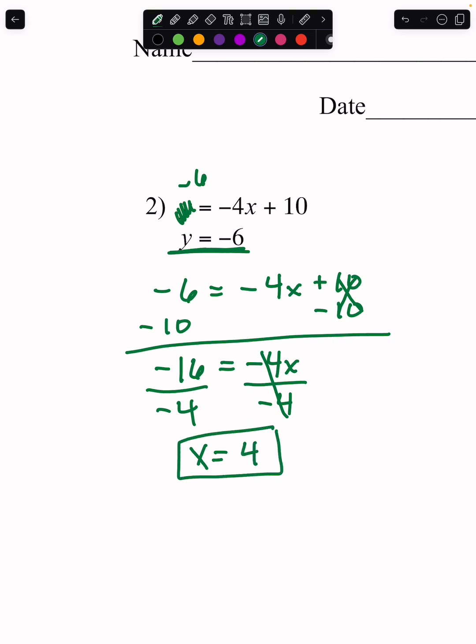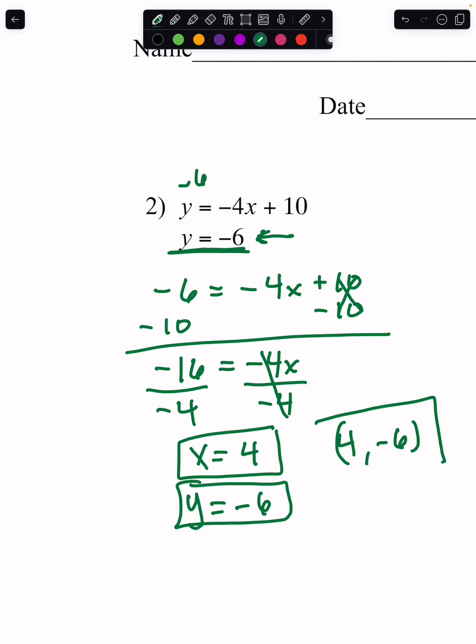Now, if I wanted to, I can take this X and plug it back in and get Y. But why would I do that when the question already told me what the answer to Y was? It literally says Y equals negative 6. And then if I write that in the form of a point, make your life easy. Why? Don't do nothing too difficult. Hopefully that makes sense. Okay, we're going to move on.